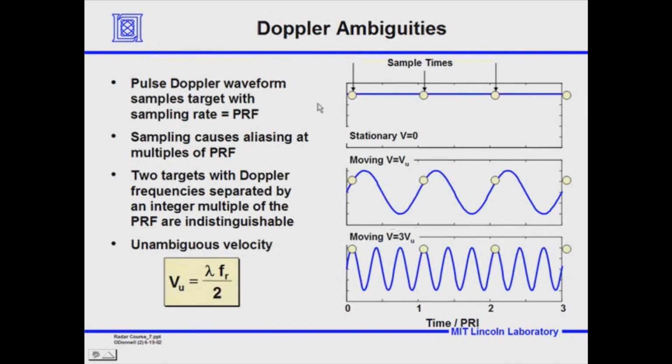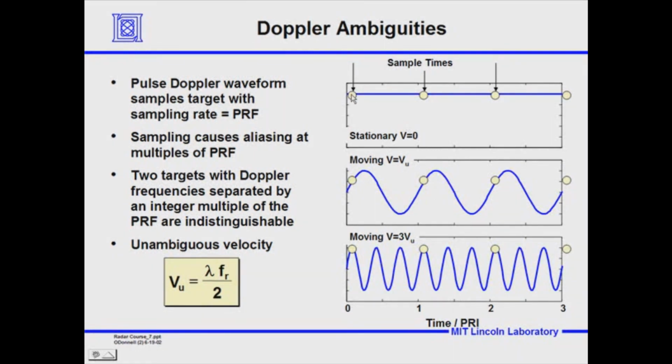Okay, now let's talk about Doppler ambiguities. And what that means is that targets can be moving at multiples of the PRF and appear to have the same radial velocity. Now, say for instance we look at a target that's giving a constant return, and we're plotting it in time divided by the PRF.